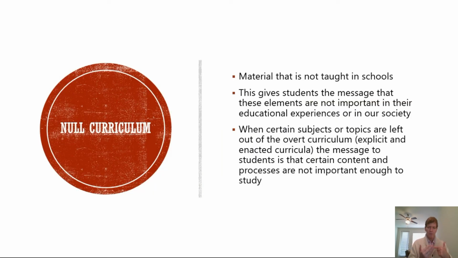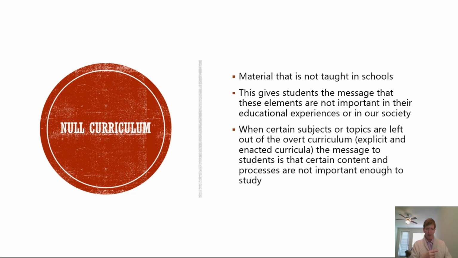You've also got your null curriculum that I want you to think about. Your null curriculum is basically material that is not taught in school, the stuff that's being left out. For instance, if you never have any books that are representative of diverse cultures, diverse groups, then that creates a sort of null curriculum.